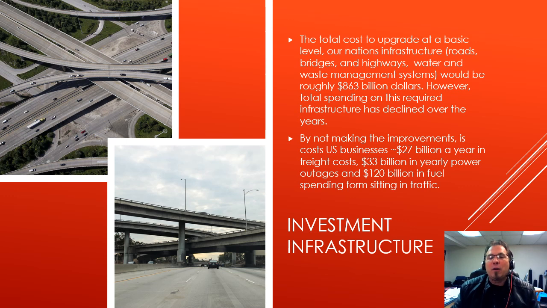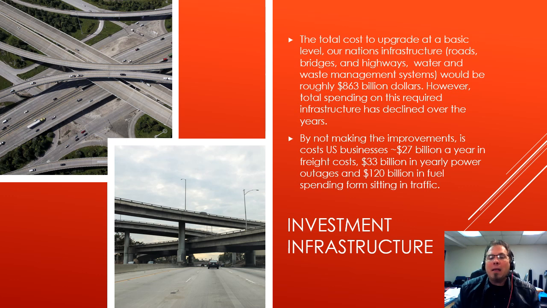What it said in the book, it would cost roughly $863 billion. That's almost $1 trillion to get everything up to date to the bare level. And the problem with that is not only do we need all this money to fix all this stuff, the amount of spending has actually declined over the years.